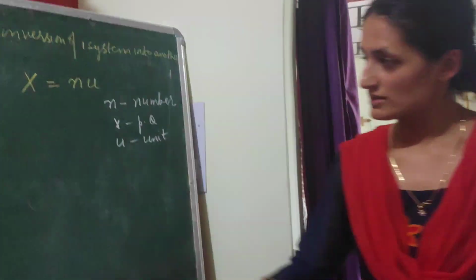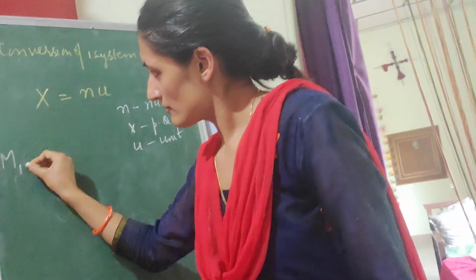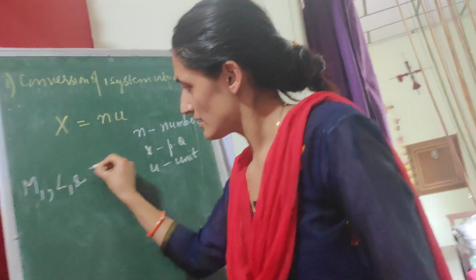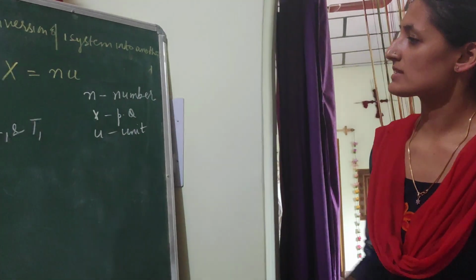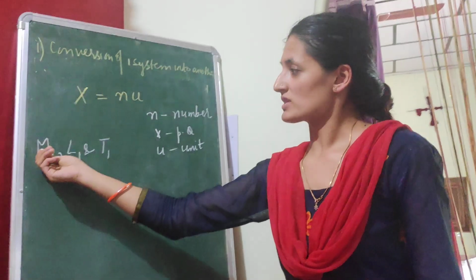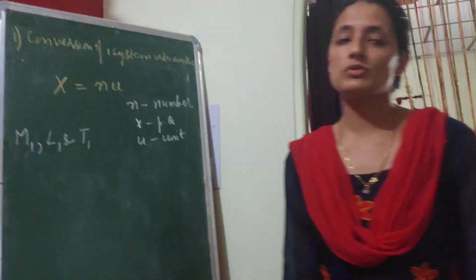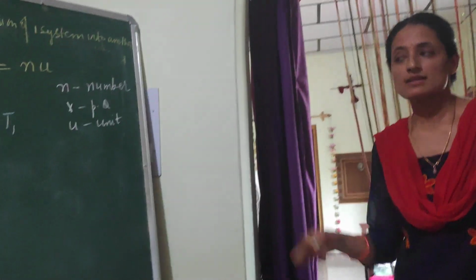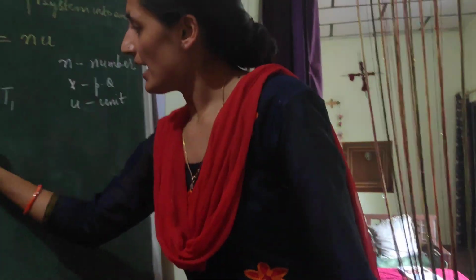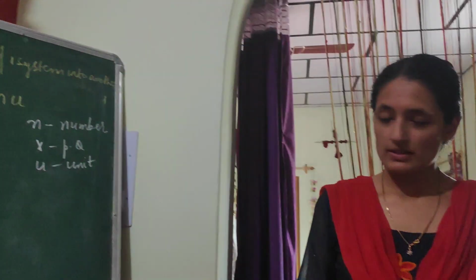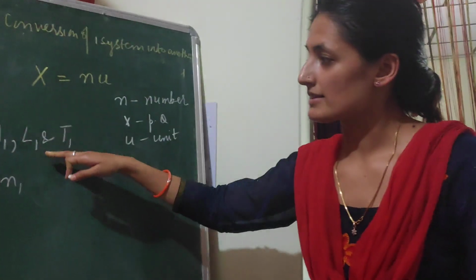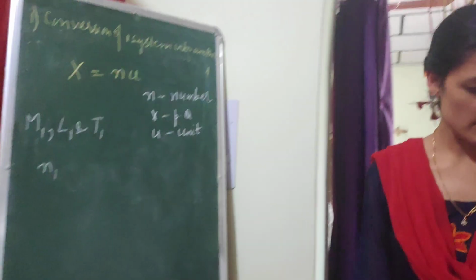In one system, I suppose M1, L1 and T1 are the fundamental units. Now suppose I have force in one system, then for that force M1, L1 and T1 are the fundamental units expressed in that system, and N1 is the numerical value in that system, and A, B and C are the respective powers of mass, length and time.